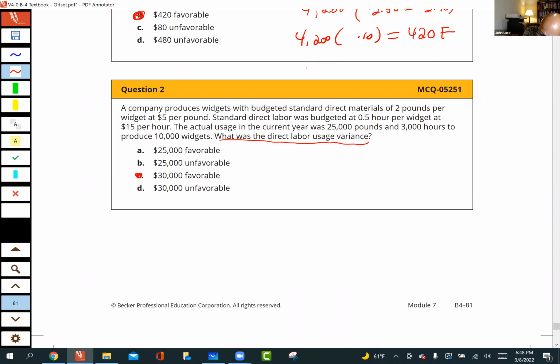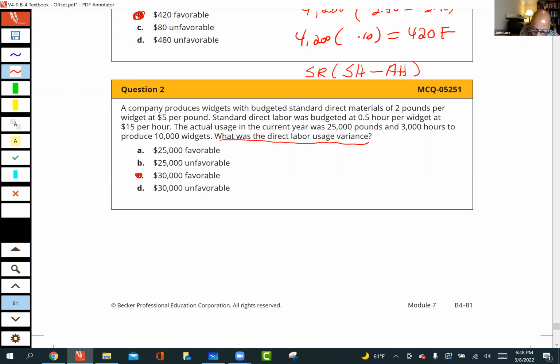That means I have to take what? The standard rate, and I'm going to multiply that by the what? Standard hours minus the actual hours, right? Okay. Now, when we look at this, we pick up the information that they give us. A company produces widgets with budgeted standard materials of 2 pounds per widget at $5 per pound.